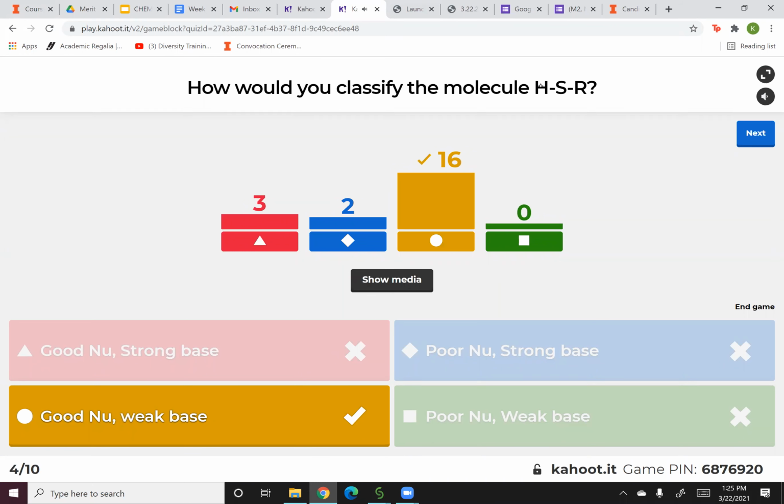Sulfur as a whole is a nucleophilic atom, so it likes to act as a nucleophile. So if we have neutral sulfur or negatively charged sulfur, these are both good nucleophiles and weak bases. And this is one of those things that is again in those tables. So we can go ahead on.